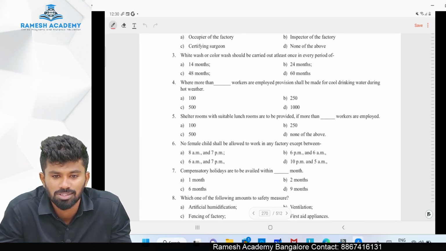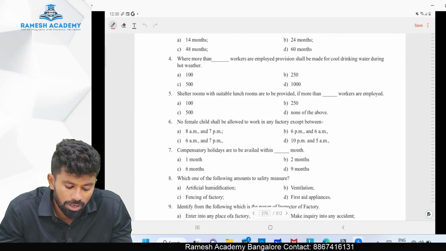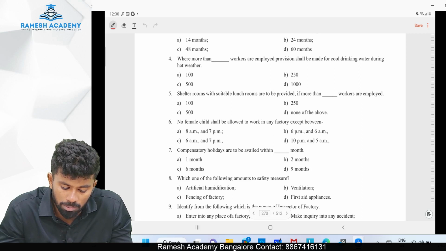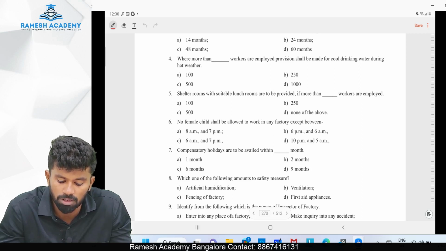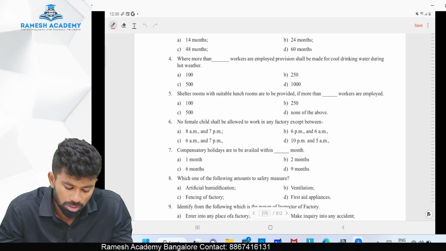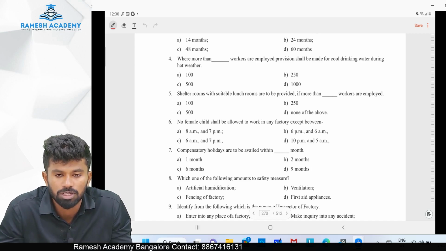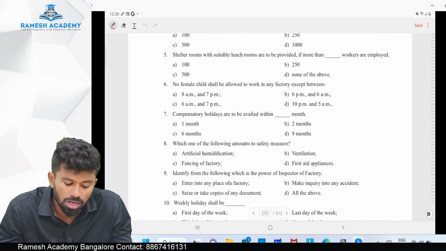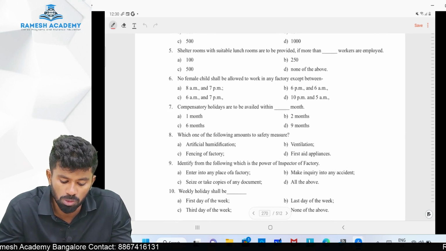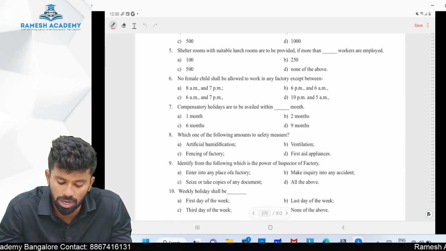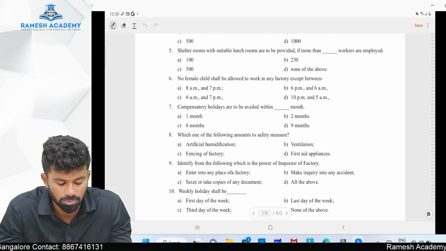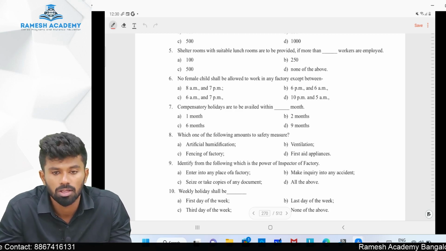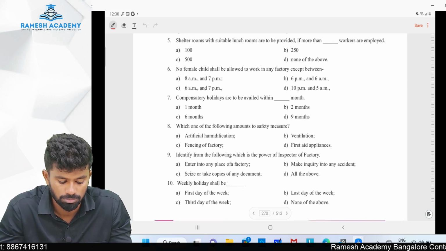Whitewash or color wash should be carried out at least once in every period of how many months? 14 months. Where more than dash workers are employed, provision shall be made for cool drinking water during the hot weather. 250. B. Correct. Shelter rooms with suitable lunch rooms are provided if more than dash workers are employed. 250.